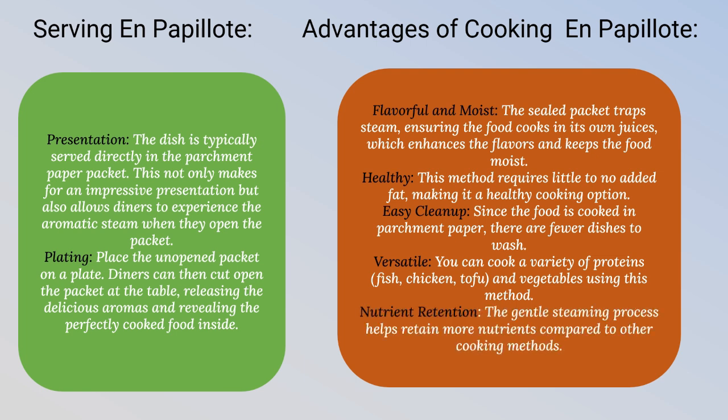Nutrient retention. Your common sense will tell you that nutrient retention is maximum. The gentle steaming process helps retain more nutrients compared to other cooking methods. That is very obvious because you are not draining it out, you are not washing it, neither are you cooking it in a curry or a gravy, or in a sauce.